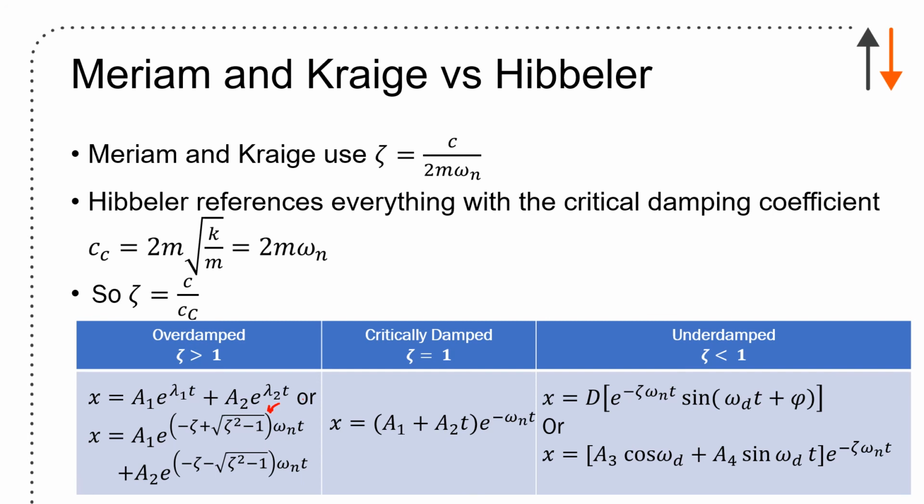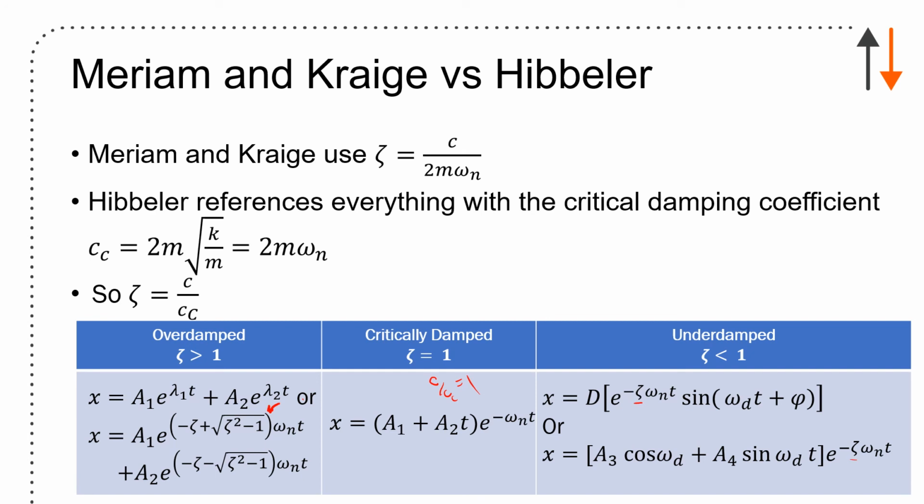Here, C over CC is equal to 1, and therefore you're not going to see a zeta, so it's the same solution as Hibbeler. On the last side you will have this last term, which is the underdamped case, and now you again have zeta and zeta.